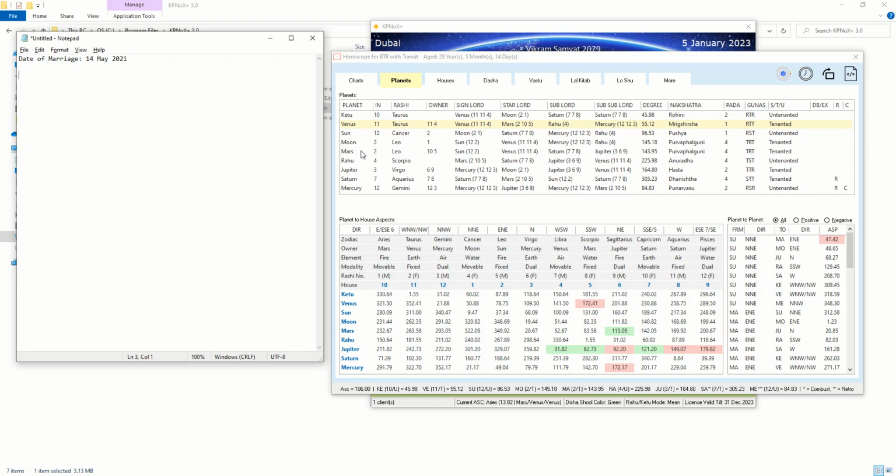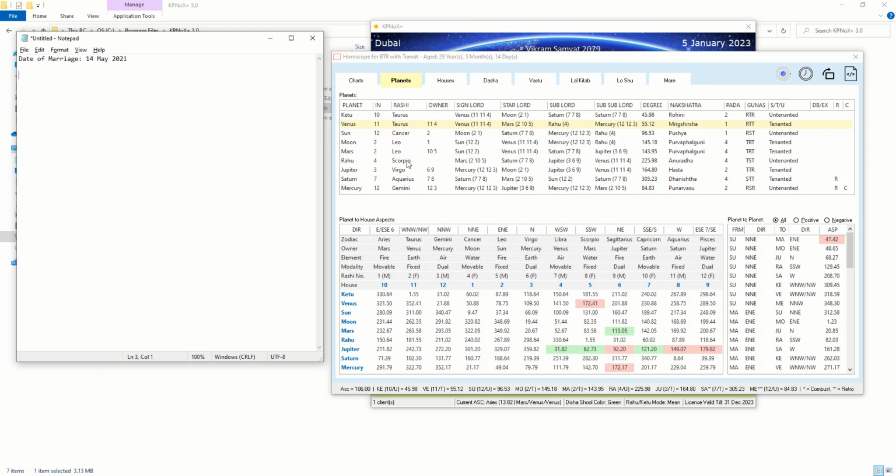If you notice here, Moon is capable of giving marriage because it is in the second house. Mars is capable, Saturn is capable, and you can also consider Venus because it's giving us 11. Yes, houses 5 and 9 are supportive, but we don't need to get into so many details.